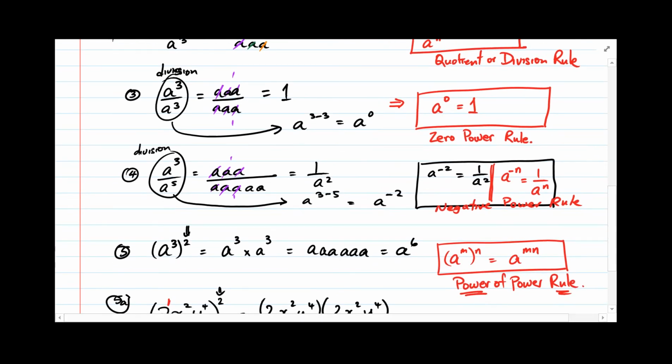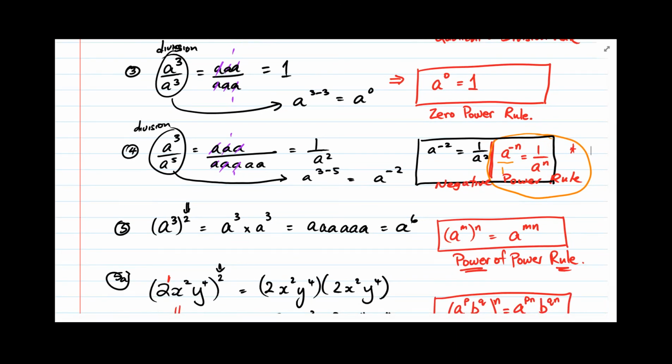And as we go on, we have the negative powers, which is a little bit interesting. What we're seeing is, if I have a negative power in the numerator, it's the opposite sign when I take it to the denominator, and vice versa.